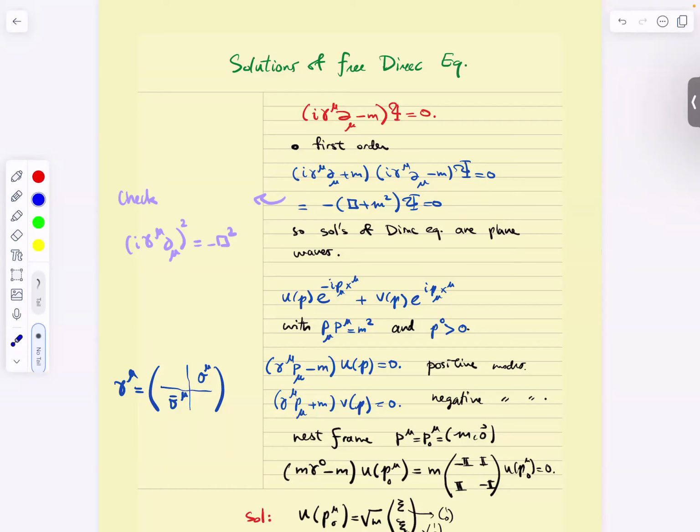And this dynamics was also forced upon us by locality and all the principles of action we discussed earlier in this course. This is all classical. So we have to take this equation seriously. This equation predicts that every particle in nature must have an antiparticle. There's no way quantum mechanics could have done that. This is field theory, and that's something that is just forced upon us in field theory.